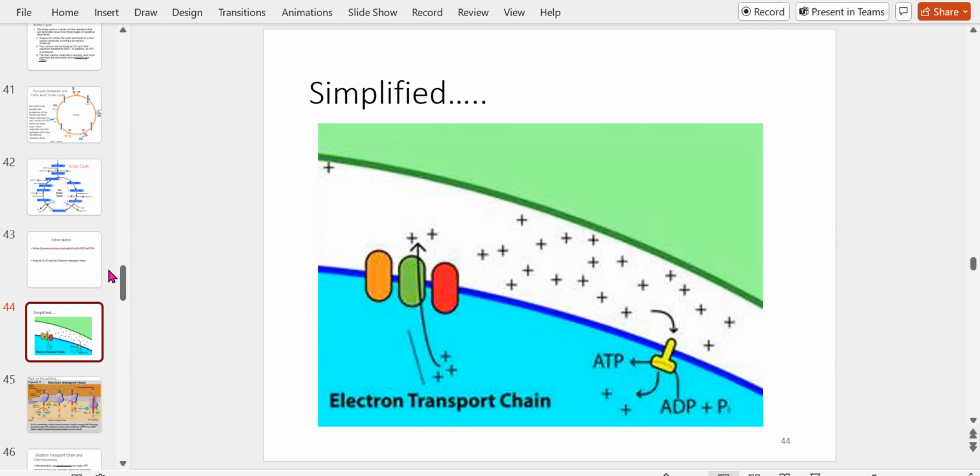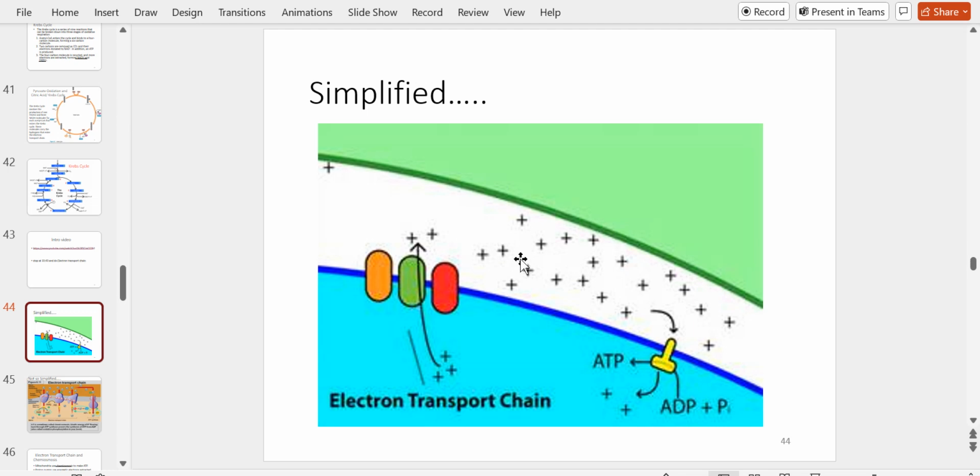Essentially, if you just saw the video, the whole point of the Krebs cycle is to make these hydrogens. All of these hydrogens get pumped into the space of the mitochondria, between the inner membrane and the outer membrane, and that's where they hang out.